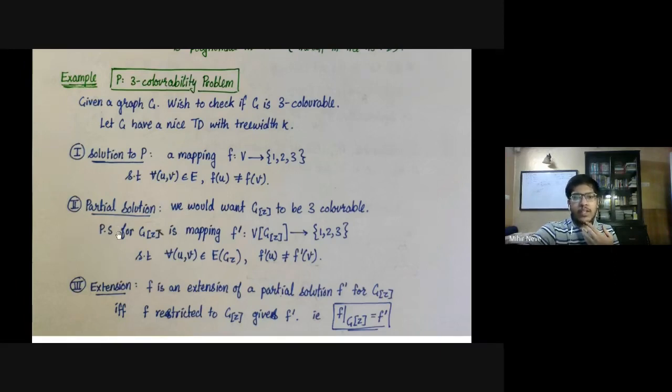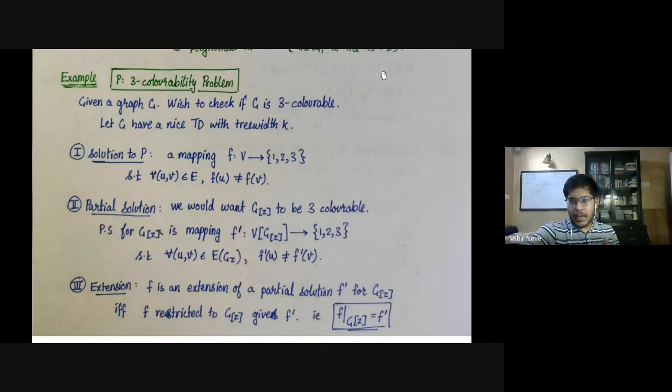So what is the relationship between this solution and the partial solution? The relationship is actually quite simple. If f, the actual solution, were an extension of the partial solution f', then f, when restricted to this subgraph G_z, should be equal to f'.